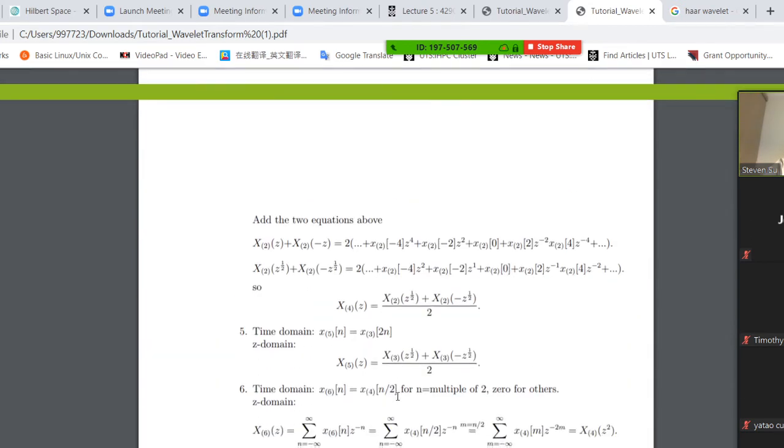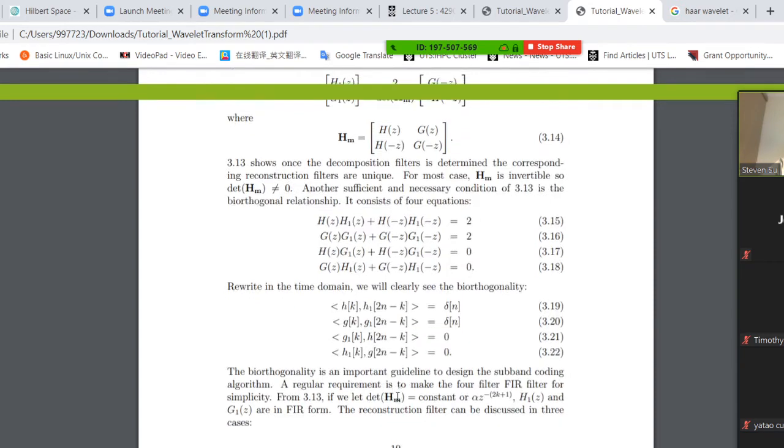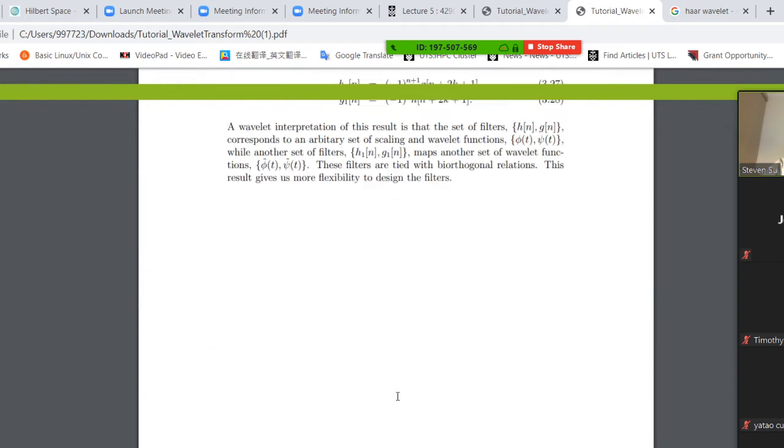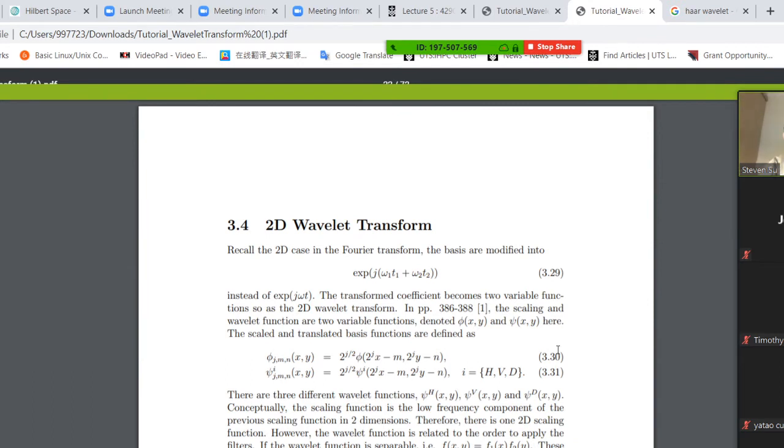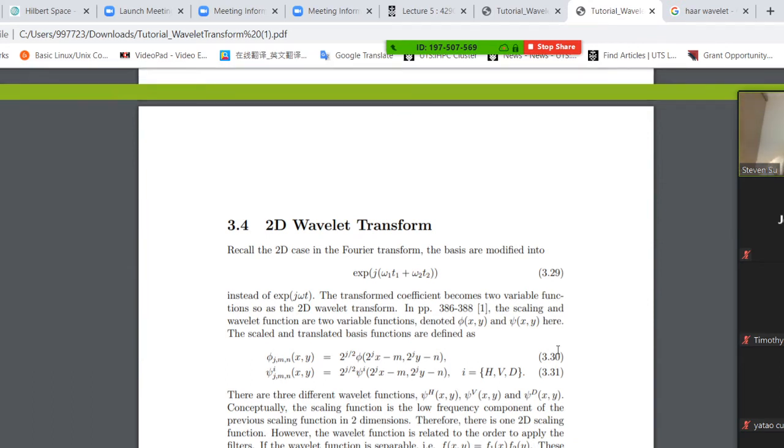We will also introduce the 2D wavelet later, because currently we deal with the 1D wavelet. 1D is the signal we are currently dealing with, like EMG, EEG. They are 1D, which means they only have time as an input, only one dimension, time. But some have two dimensions, X, Y, like an image.